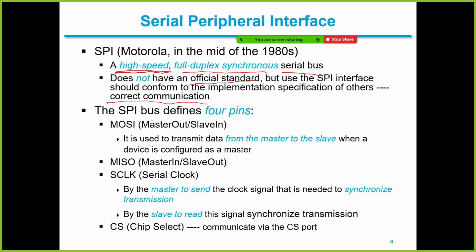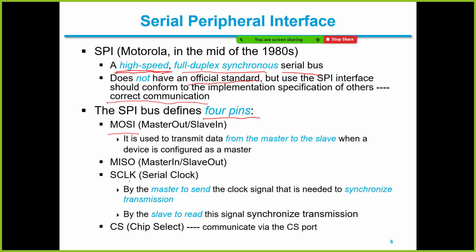Each of them should reach consensus on the protocol and the parameters during this communication. And in the SPI interface, there are 4 pins. MOSI, this is master out, slave in. As I mentioned, there are masters and slaves. Usually one master, with either one slave or multiple slaves.